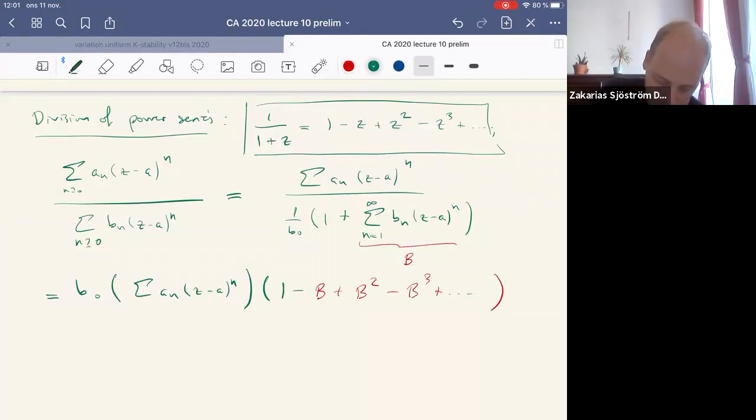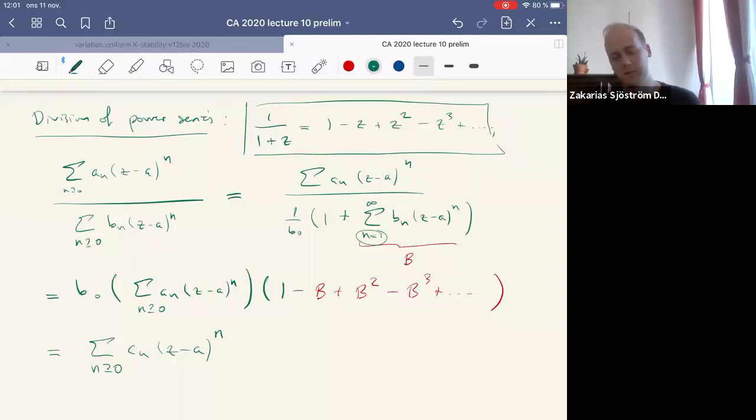Okay, but then what you have is this sum that starts at n equals 0, and the sum that starts at n equals 1 up here. And then you just multiply them all together, and I won't ask you to exactly determine these coefficients, Cn, but the point is that this is also a sum that starts here.